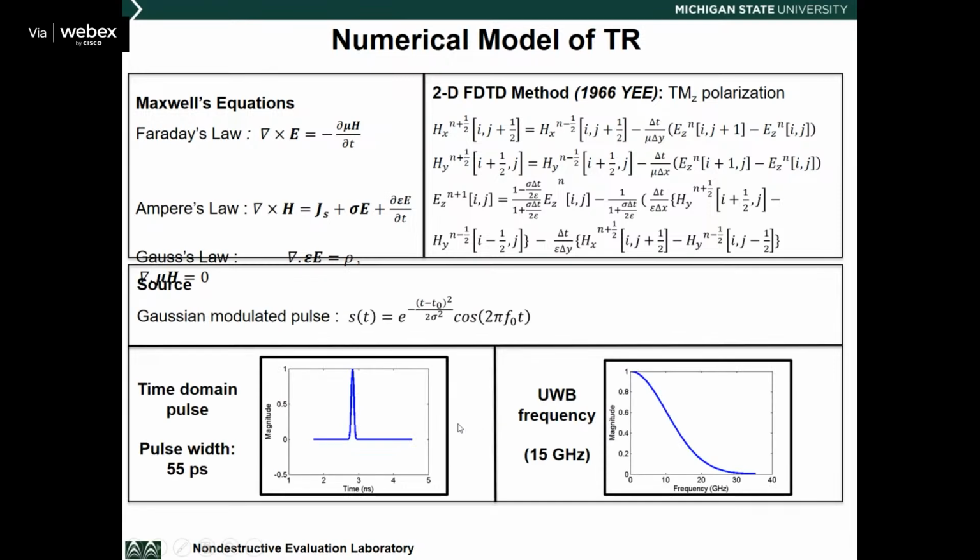The time domain pulses and the frequency, or the Fourier transform, are shown here. If you choose a very narrow width time domain signal, you can get an ultra wideband frequency around 15 gigahertz waveband to look at the details you want to image.